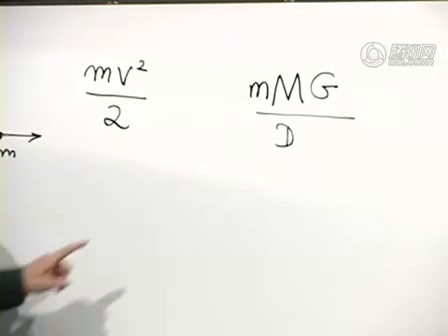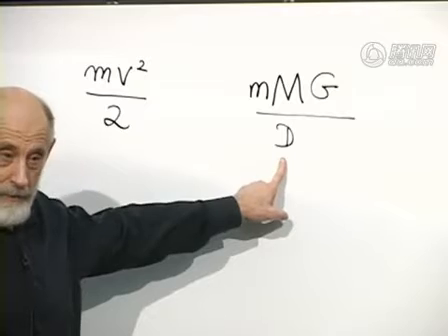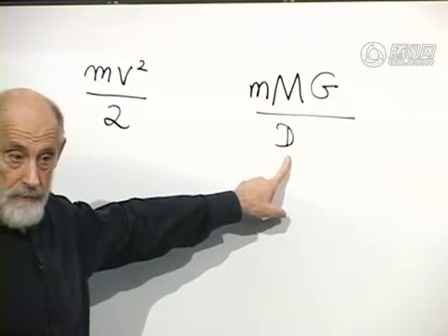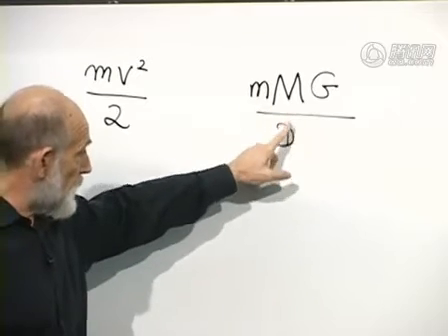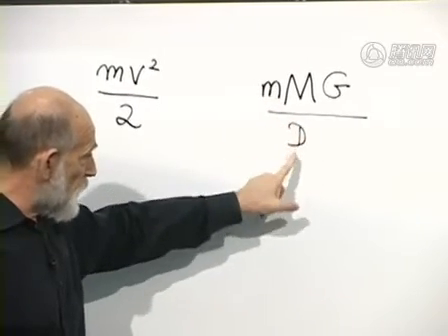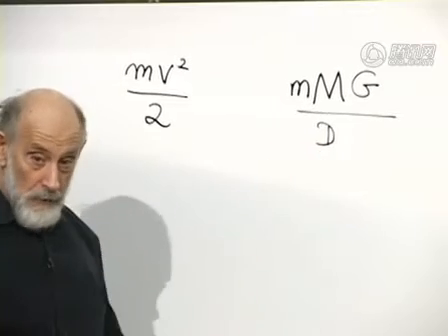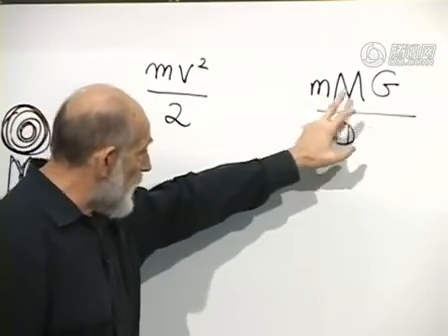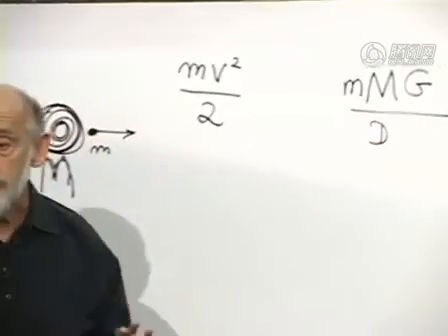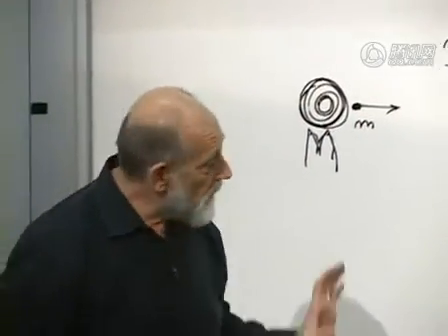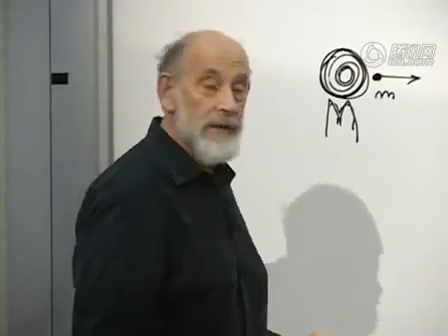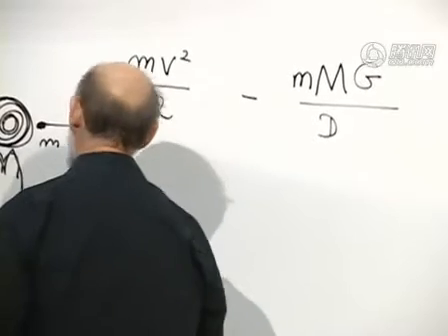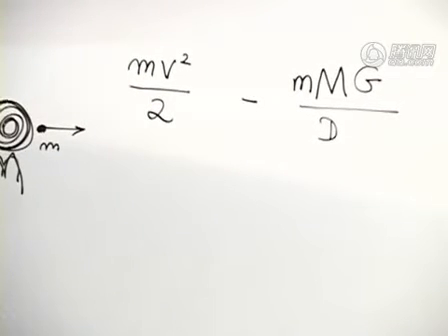No. The force contains the distance squared. The potential energy only contains the distance. Not M m G divided by d squared, that's force. The potential energy is just the product of the masses, G, and one over the distance. One thing is missing out of this: a negative sign. Gravitational potential energy is negative.